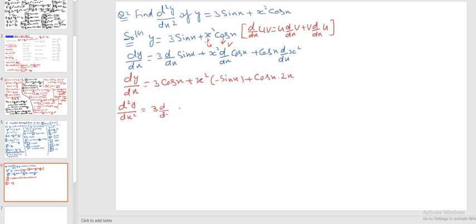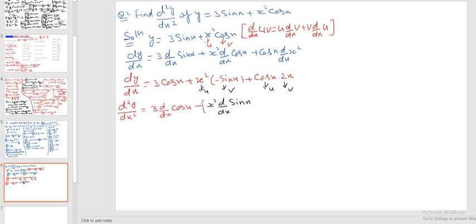When you differentiate again, d²y/dx² is equal to 3 and then d/dx of cos x, and see, it is a product. So plus minus, minus d/dx of, make it a bracket, x² times sin x. I am assuming x² as u and sin x as v. So u d/dx of sin x.